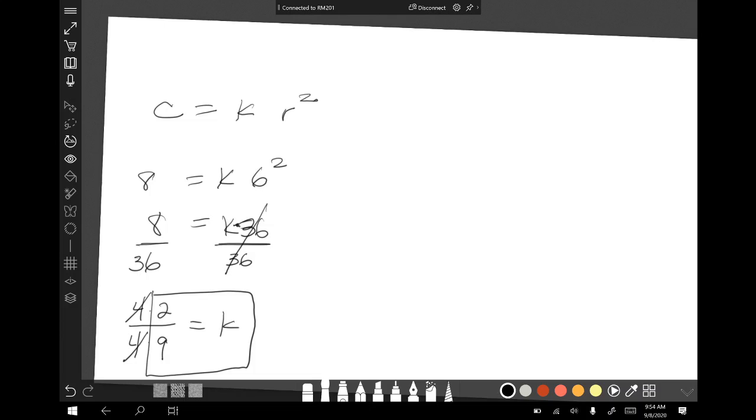So my original formula will change. C is equal to 2/9 times the radius squared. Plug in 11 for radius. 11.